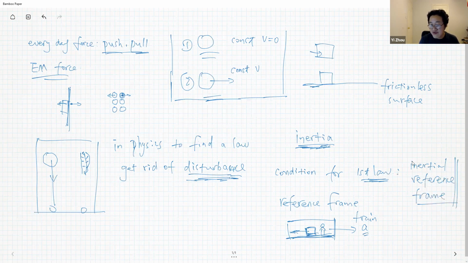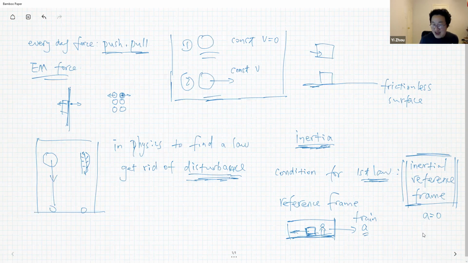An inertial reference frame means this reference frame is not accelerating. This reference frame itself has an acceleration of 0. Actually, we use Earth as our reference frame, and Earth is actually not an inertial reference frame. But because the acceleration is very small, most of the time it doesn't affect our experiment, so we still use Earth as a reference frame.